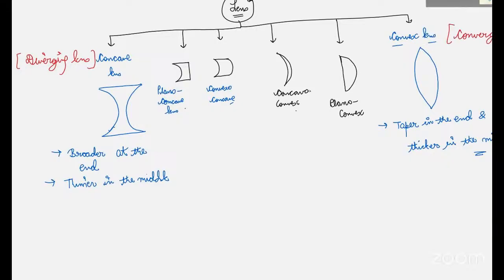Concave lens is also part of the six types.